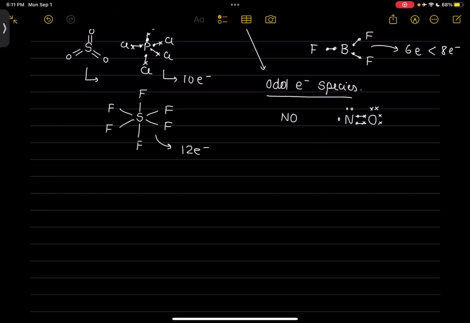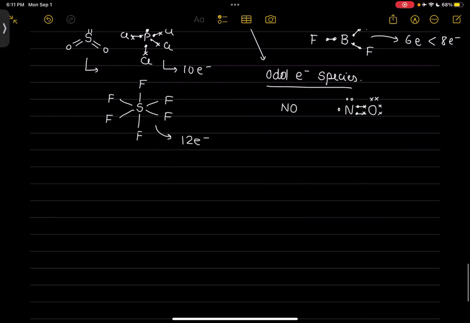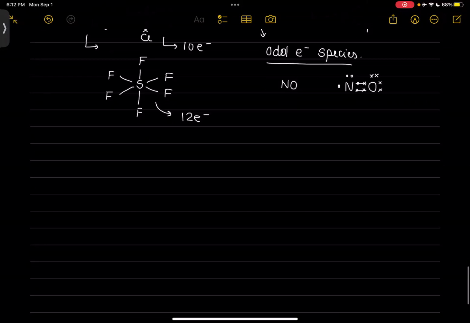This is the drawback of the octet rule. There are atoms which do not follow the octet while they form bonds. Either they have more than 8 electrons, or sometimes less than 8 electrons, and sometimes they have odd electrons, right? Yes, sir.